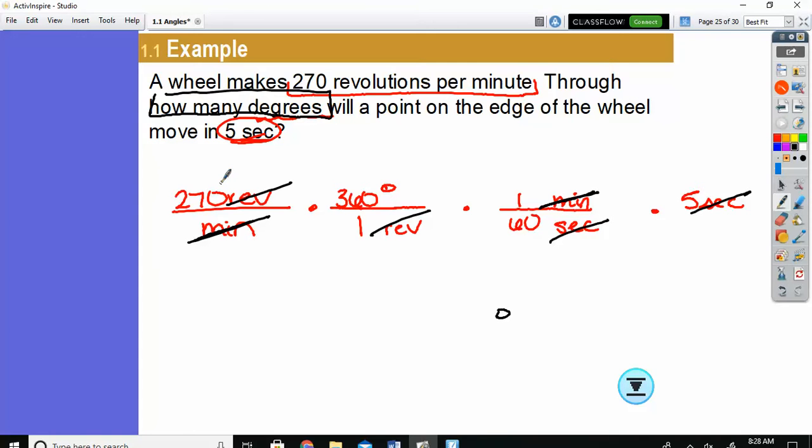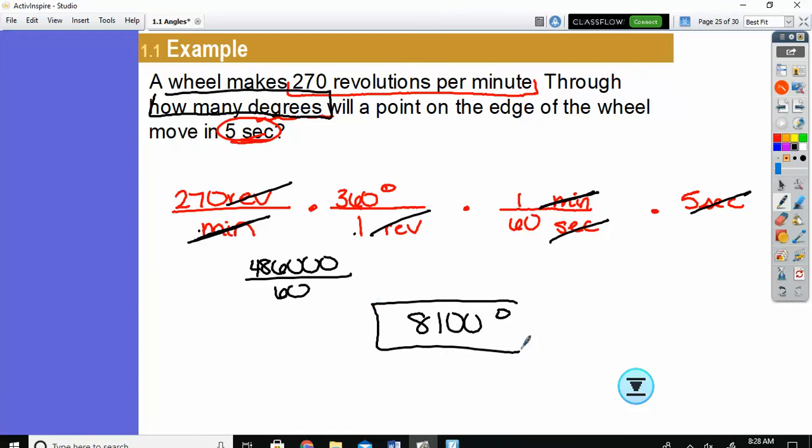So I have 270 times 360 times 5 on the top. On the bottom, I have 1 times 60, which is 60. So if I divide that, I get 8,100 degrees.